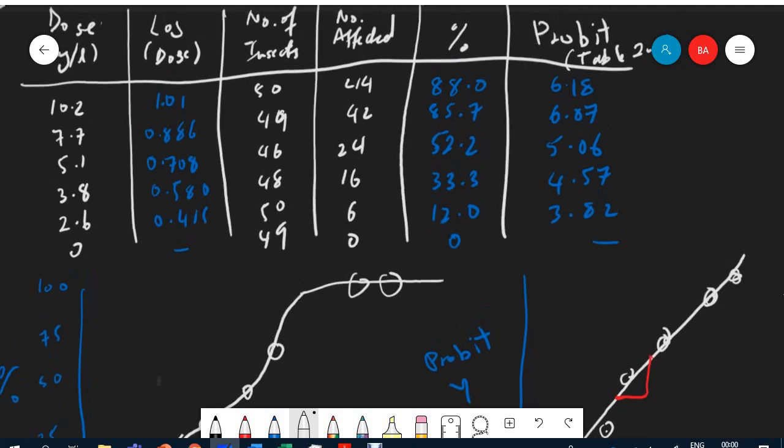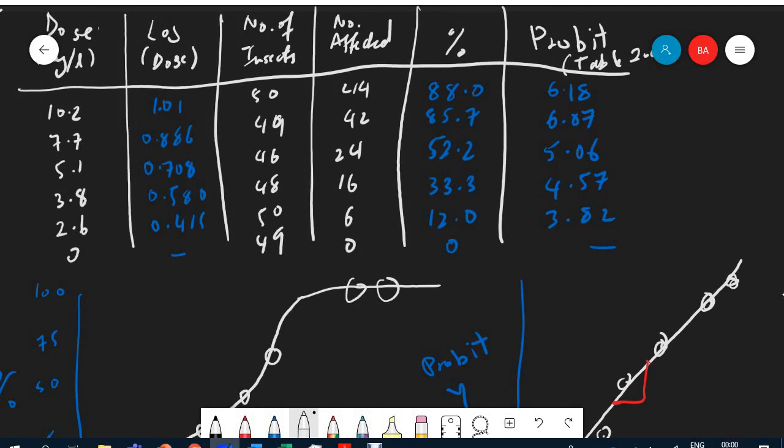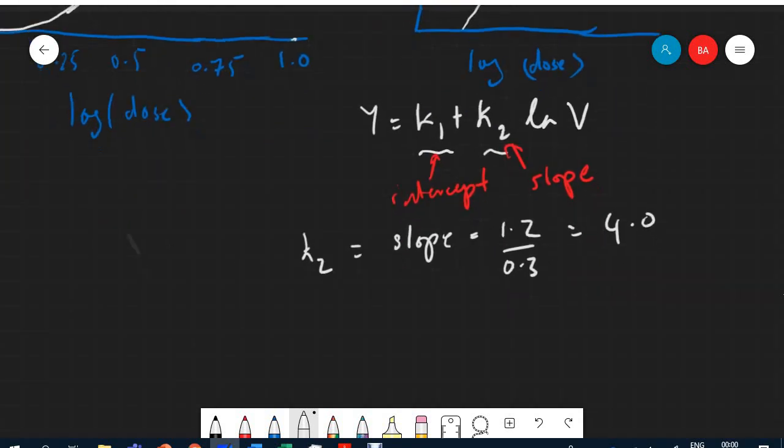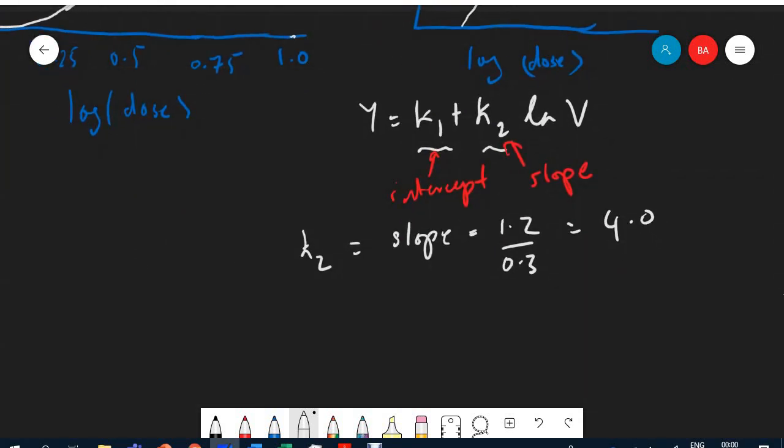So I can take the 5.06 with 0.708 or 6.07 with 0.886, and by substituting the values that you have here, you're going to get a number, and you're going to find out that k1, the intercept, is equal to 2.2.